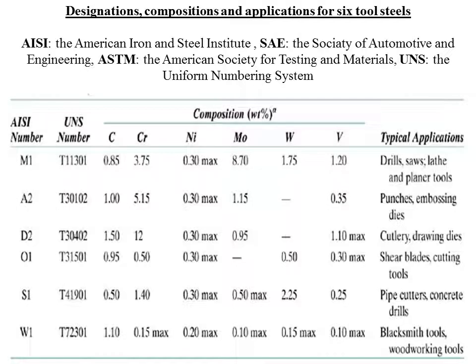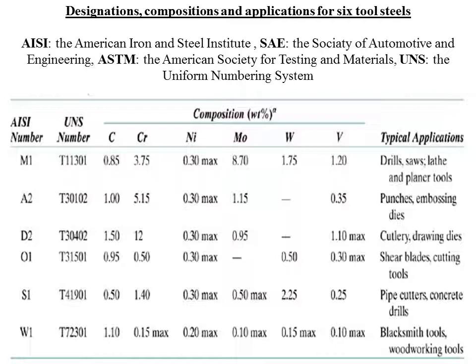Here you can see the designation and applications. The different numbers given indicate their grades. This is the mixture of copper, chromium, nickel, molybdenum and so on, and their applications.